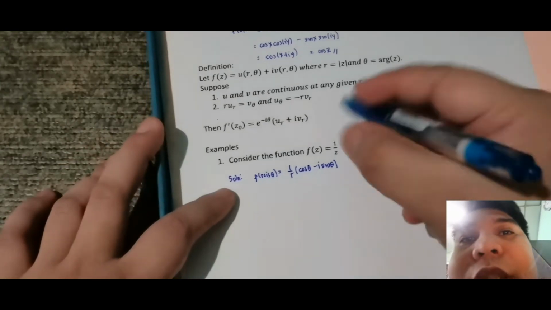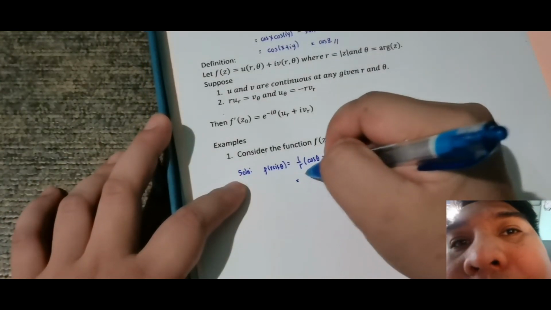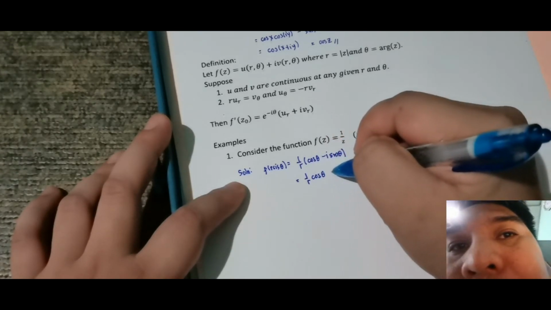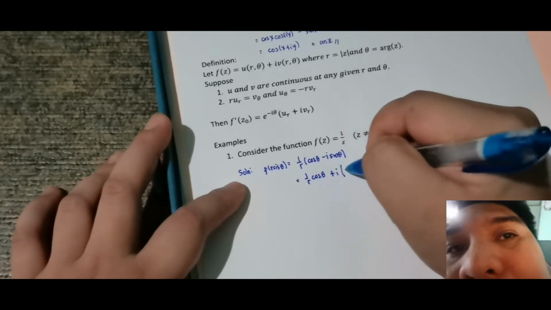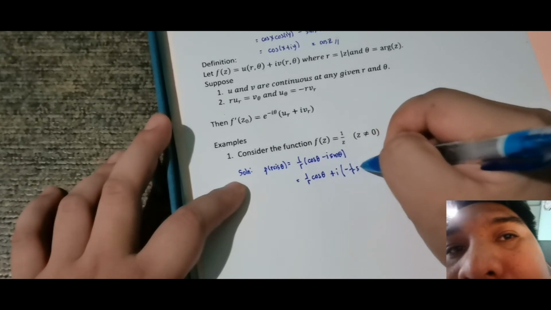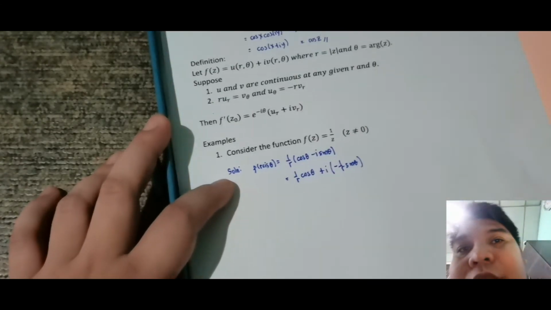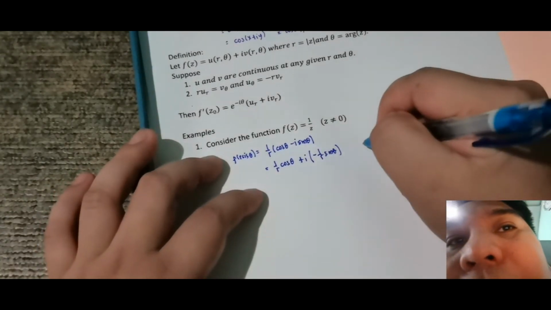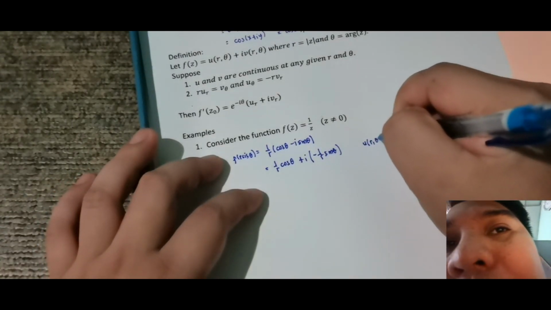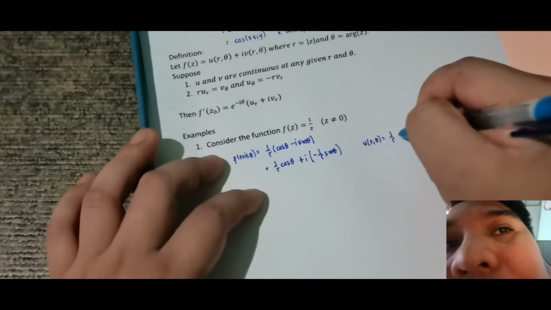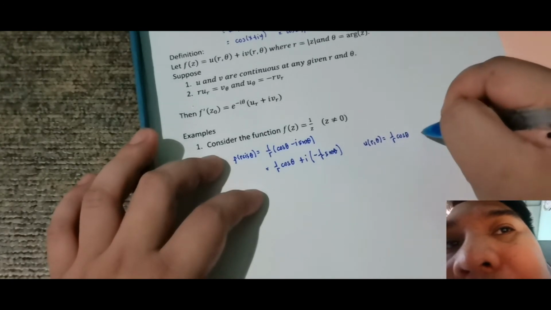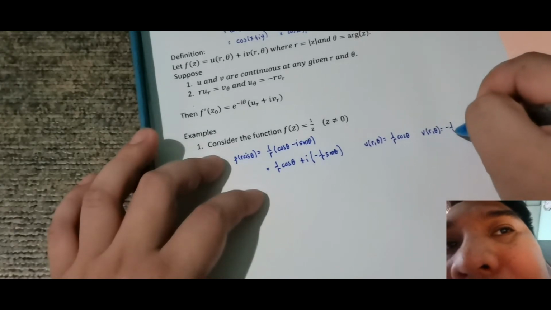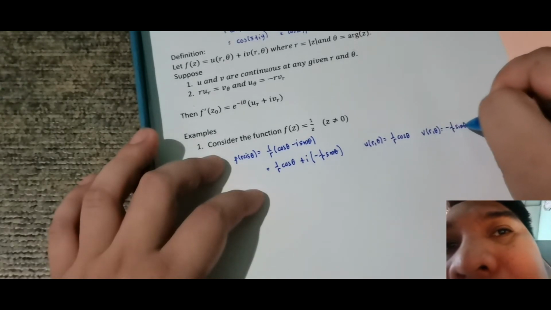Next is simplify further. This is 1 over r cosine theta plus i times negative 1 over r sin theta. So pinakita ko na yung u of r comma theta is equivalent sa 1 over r cosine theta, yung v of r comma theta ay equivalent sa negative 1 over r sin theta.